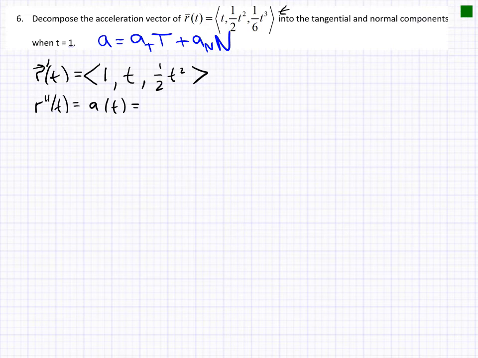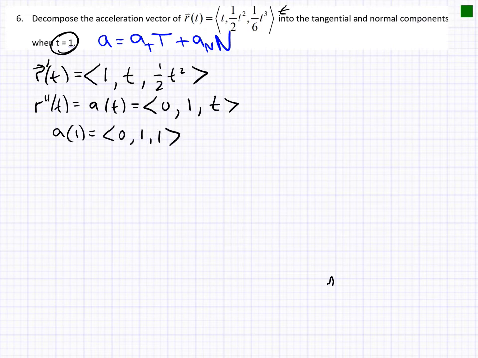And so that's going to be 0, 1, and t. At 1, that's the t value we're working with, the acceleration is going to be 0, 1, 1. And so ultimately, when t equals 1, we want to decompose that particular vector.